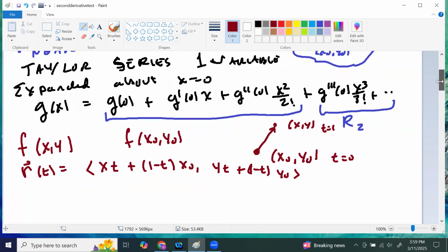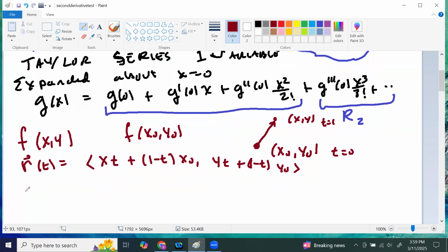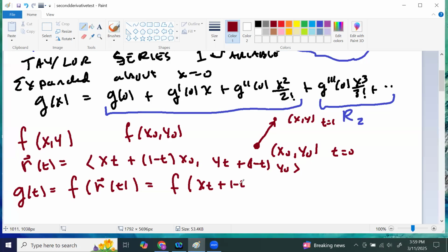Now, the value of doing that is that you've learned how to compose functions, and so you can now talk about a function g of t being what you get when you compose f with this r. So that's going to be f of x t plus 1 minus t x naught, y t plus 1 minus t y naught.